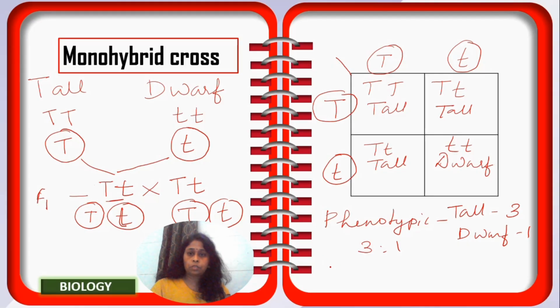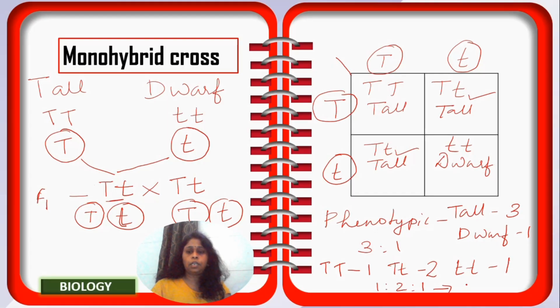Okay, now next let us take the genotypic ratio. So genotype means what? Genotype means the one which we can see inside, right? Like capital T. How many capital T are there? 1, right? Now capital T, small t, we have 1 and 2. Okay, and small t, 1. So what is the ratio here? 1:2:1.